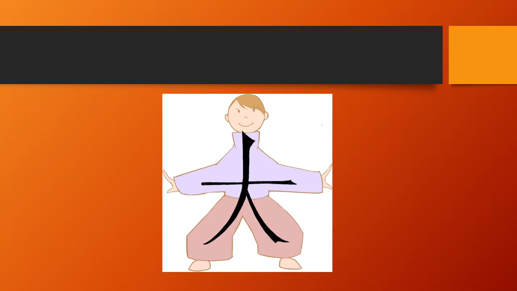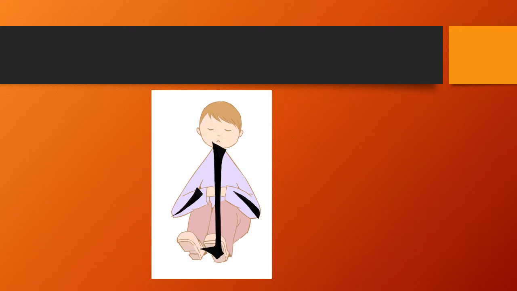All right, now next. Okay, this word is pronounced da and means big or large. As you can see from the drawing, they drew a man and then he's really arrogant about this. I'm so big. And then this one means xiao, small or little. Again, you have the sh sound here.